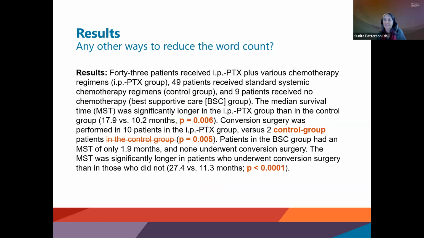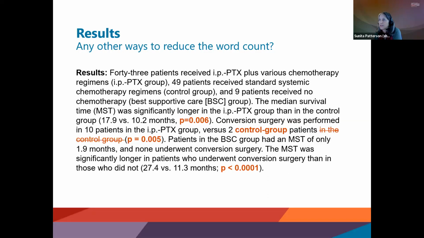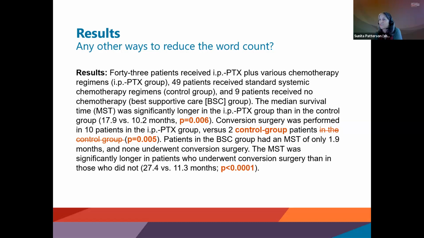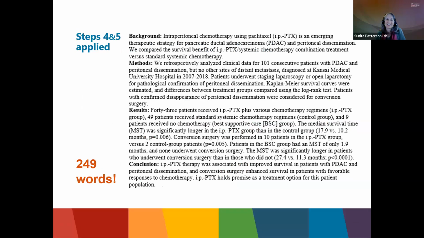And then in the results section, I'm going to take these spaces out, and that is going to change each of these expressions from 3 words to 1 word. And then you can see we used a hyphen with control group, similar to the idea with conversion surgery early. So with those changes, we get down to 249 words. So we accomplished our goal.